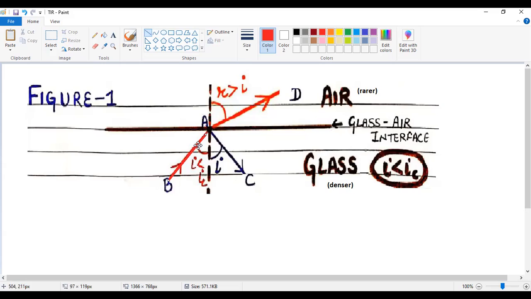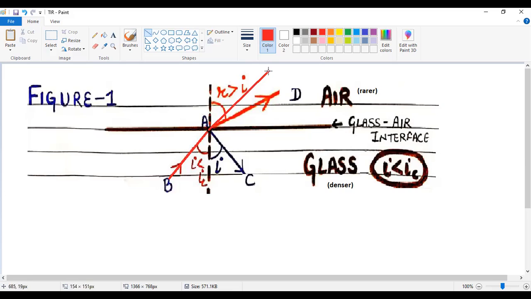So the light is incident from glass to air. This light is coming from point B to the surface A. When the light reaches at point A, there is change in medium from glass to air.